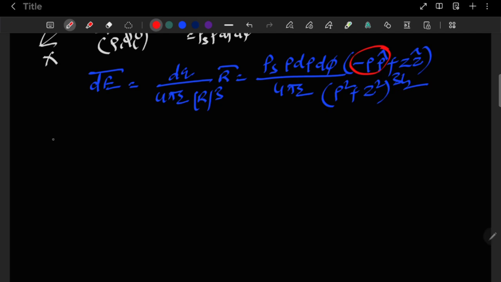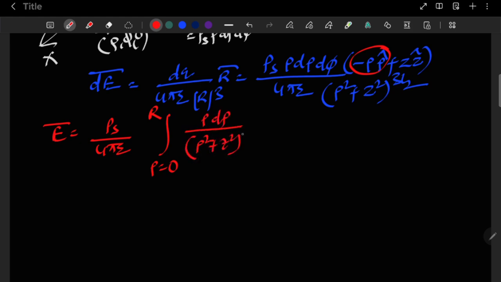So now if you perform the integration, then electric field is equal to rho s by 4 pi epsilon, both constant. Then integration with respect to rho, from where to where? Not from 0 to infinity. If you perform from 0 to infinity, you are doing the integration for the infinite sheet. But here we are taking the circular disk of radius R, so the radius should be from 0 to capital R. Then rho d rho by rho square plus z square power 3 by 2, and the second integral where phi changes from 0 to 2 pi d phi.